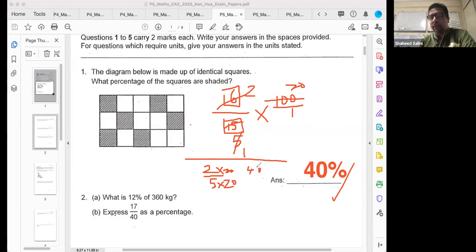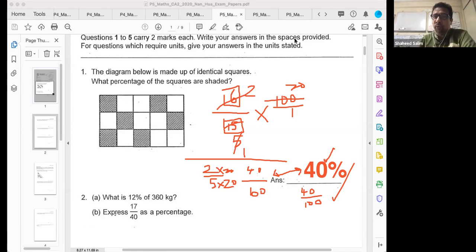So 40 over 100 means 40%. Same thing. 40% means 40 over 100. So if you have a decimal or fraction, you times by 100, you'll get percentage. What does percentage mean? This number over 100. It's just a special fraction.